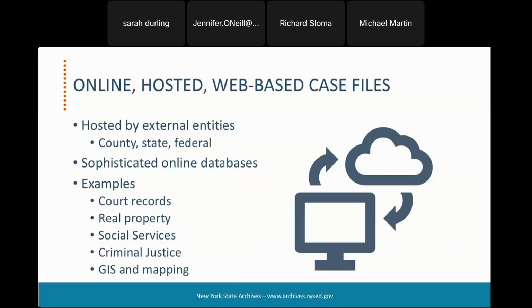These are usually very sophisticated online databases that allow both you and other entities to access. And some examples of this, and some were given earlier: court records, real property records, social services, criminal justice, GIS and mapping applications.